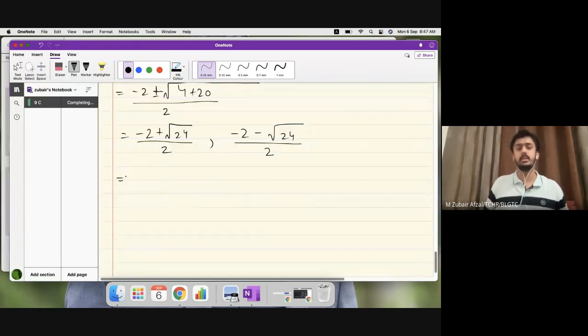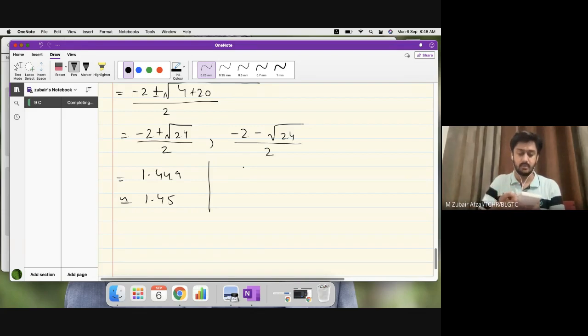I'm using my calculator to get the answer to two decimal places. So negative 2 plus under root 24 by 2 gives me 1.449, and at two decimal places this becomes 1.45. You have to always round off wherever it is 5 or greater than 5.